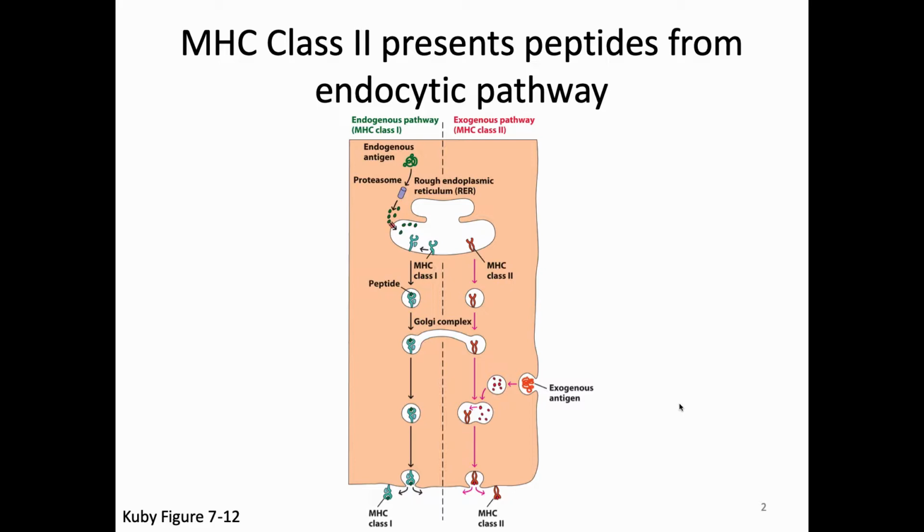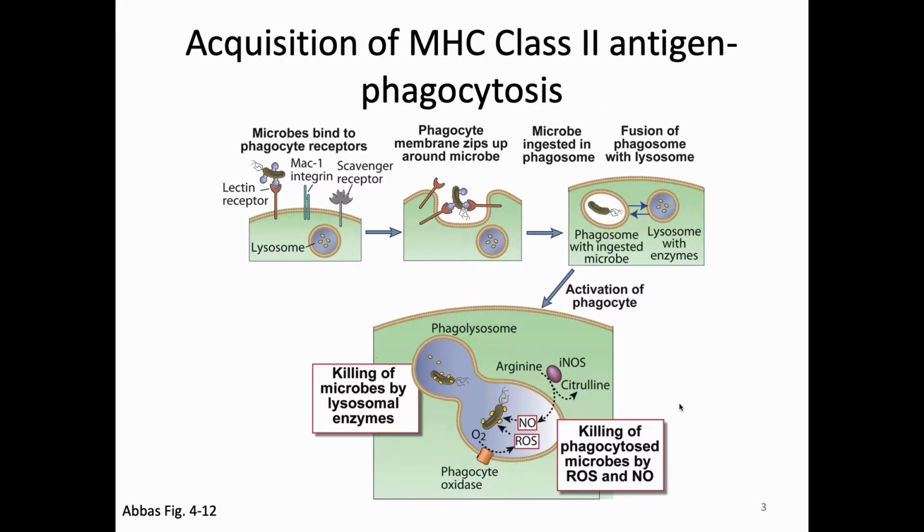So the cell didn't really have to do anything to acquire antigen for class 1. The cell just got infected. For class 2, things are a little bit different. The cell actually does need to actively do something in order to acquire antigen.